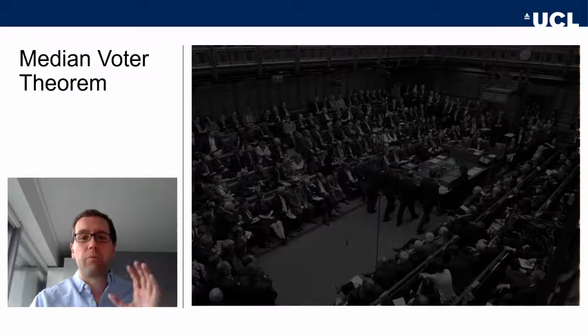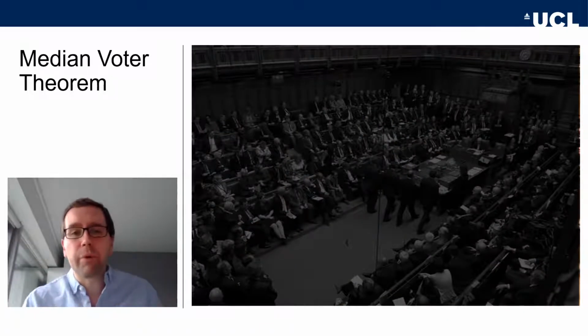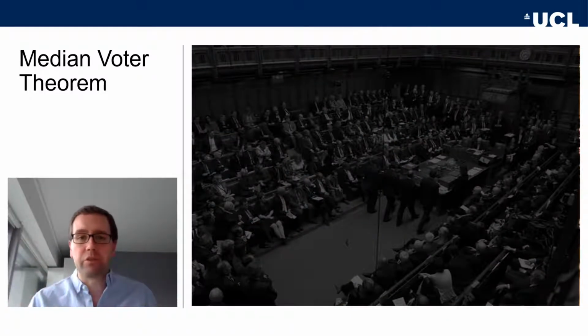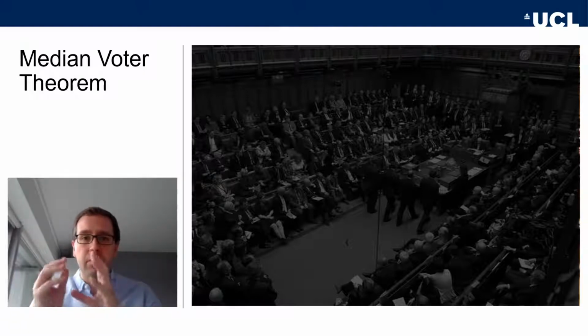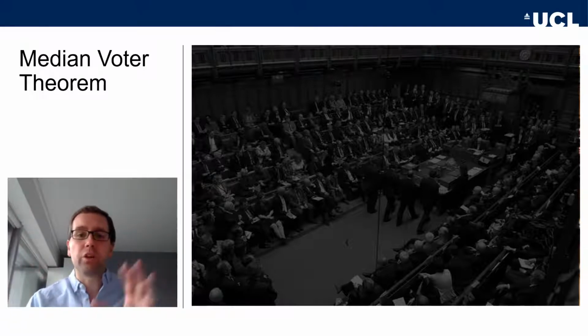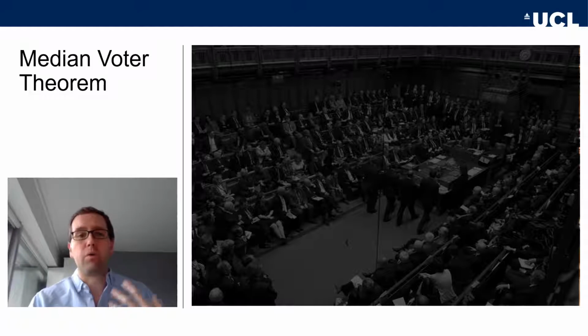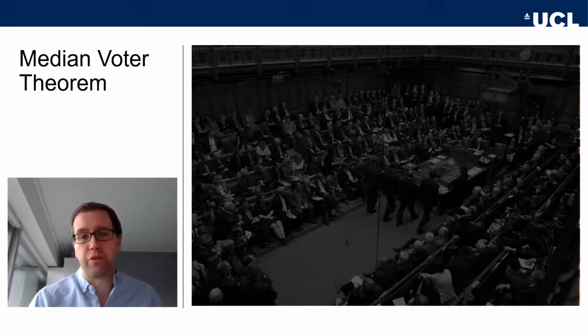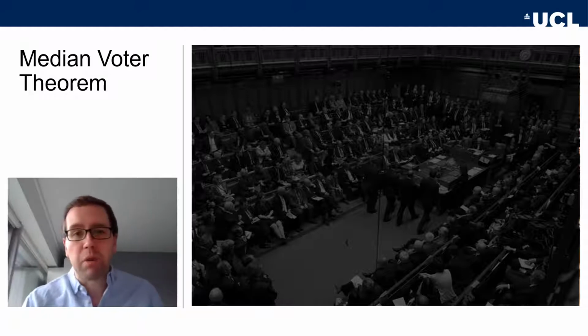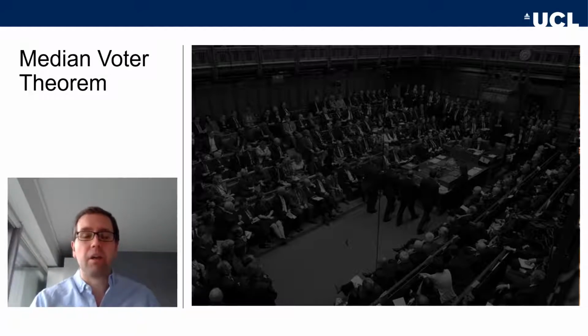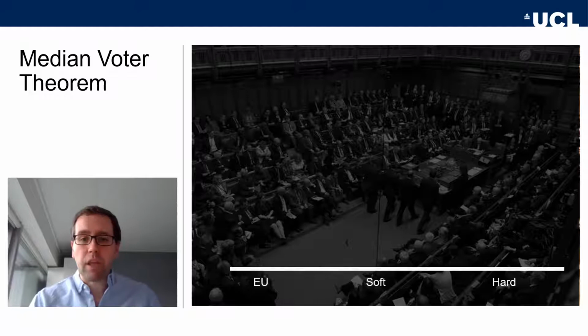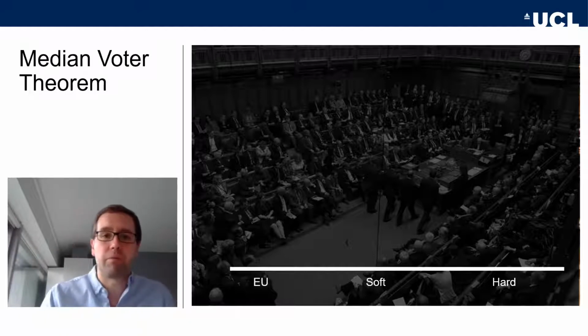And the question we're asking today is, what if we look at these different options that we presented, remain, soft Brexit, hard Brexit, as forming part of some underlying continuum? What if there's an underlying dimension of how hard a Brexit there should be? We can then categorize this as a Brexit dimension that ranges from remain to hard Brexit, maybe.